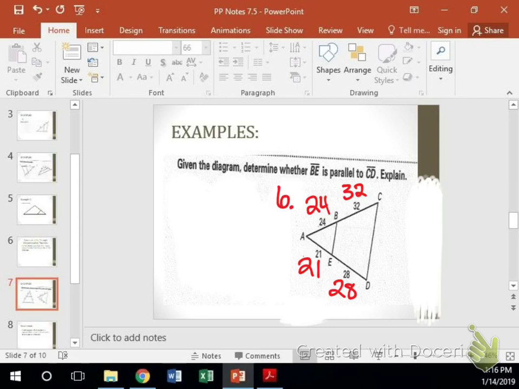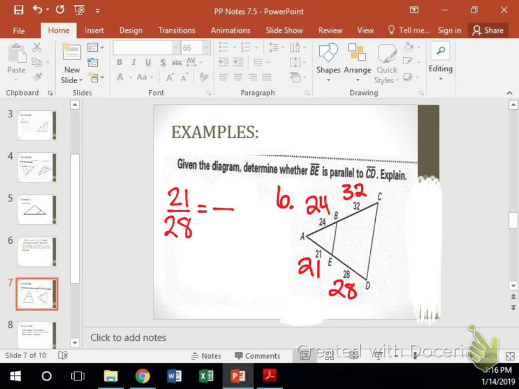Number 6 is the same idea as number 5. We're going to set up a proportion and then decide if it is in fact proportional. What could I put in my first ratio? 21 over. The 21 would go over what? 28, good.